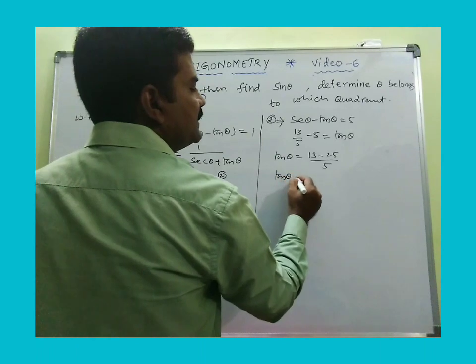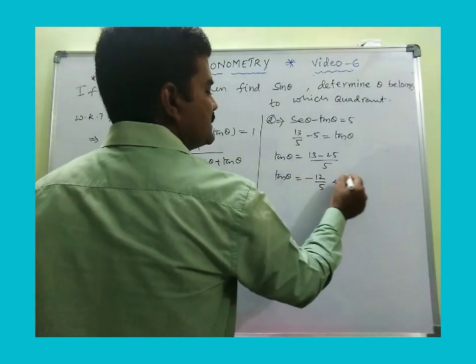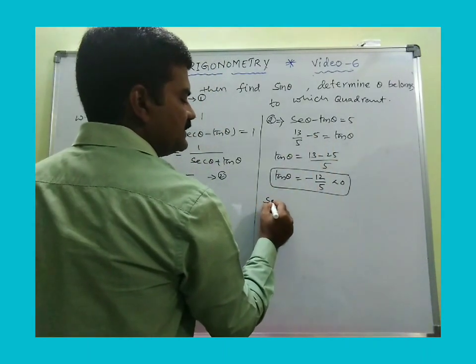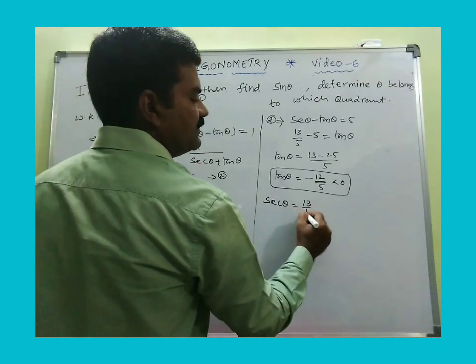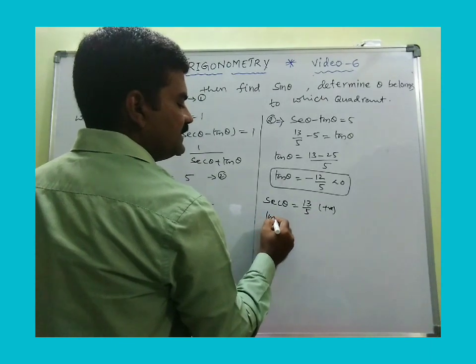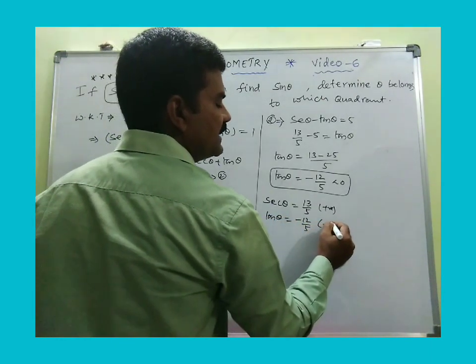I mean tan theta is equal to minus 12 by 5, which is less than 0. So now you see secant theta, which is 13 by 5, is positive, isn't it? And tan theta, which is minus 12 by 5, is negative.